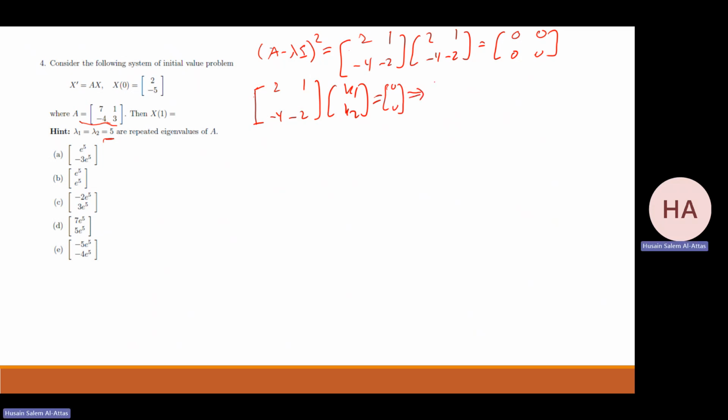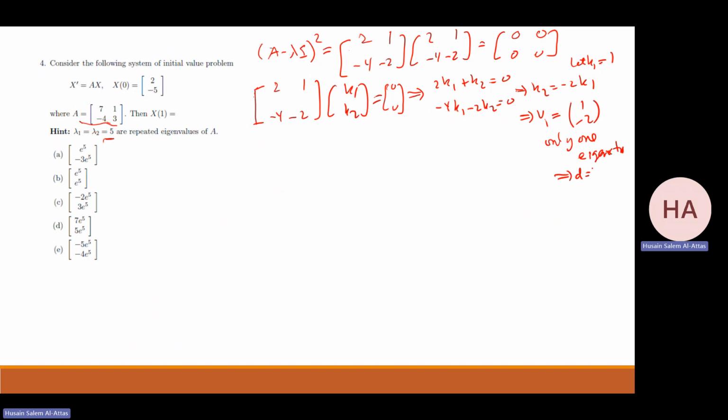That implies we have 2k1 plus k2 equals 0 and -4k1 minus 2k2 equals 0. Same equation. So k2 equals minus 2k1. Let k1 equal 1, so my v1 will be 1, -2. I have only one eigenvector. So d will be 2, -1. I have a defect.